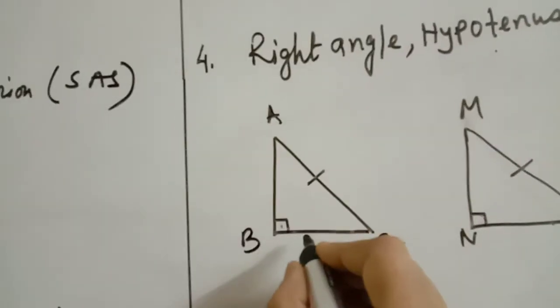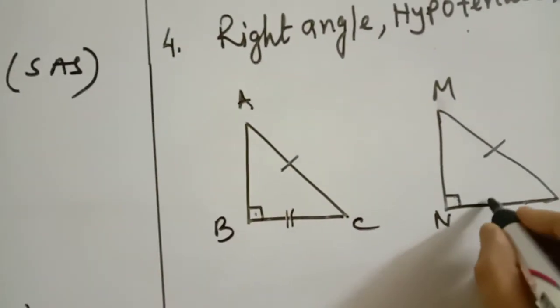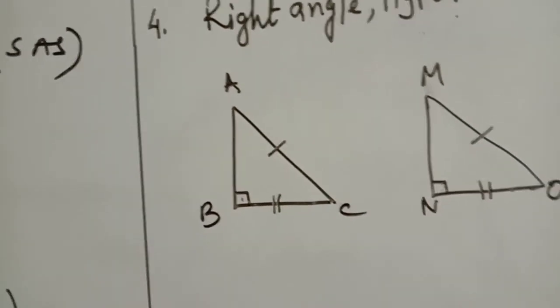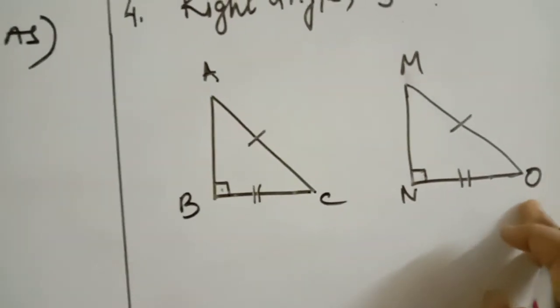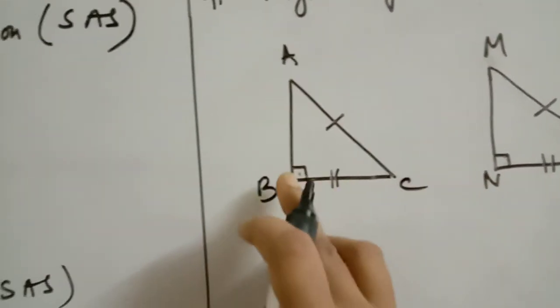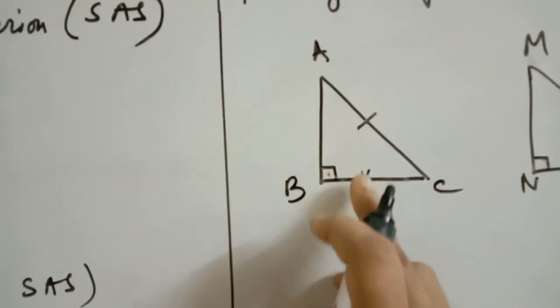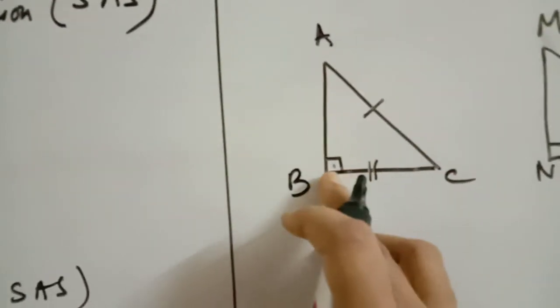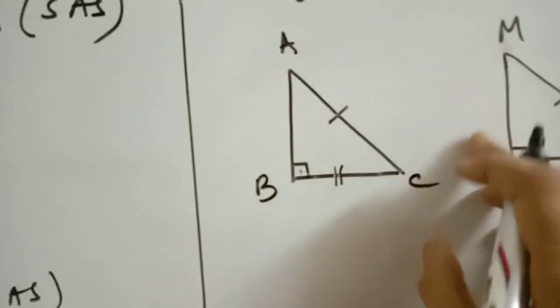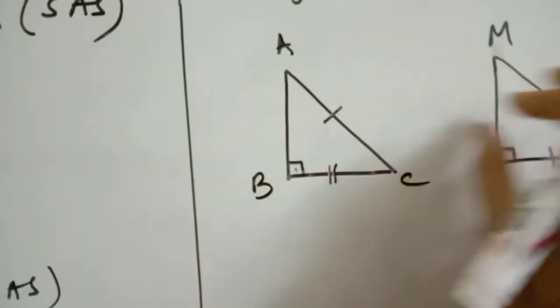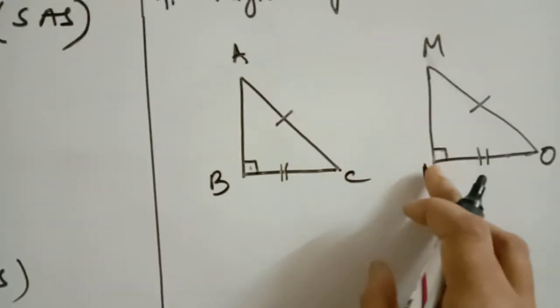And say one side, BC, is equal to NO. Therefore these two triangles are congruent by RHS. Any one side, this side or this side, is correspondingly equal to this side or this side, and hypotenuse will be common and right angle also common.